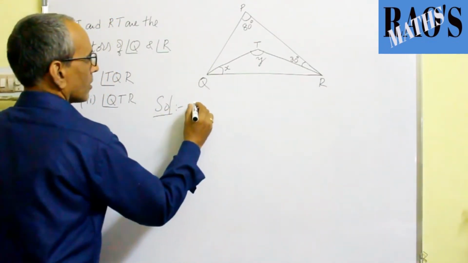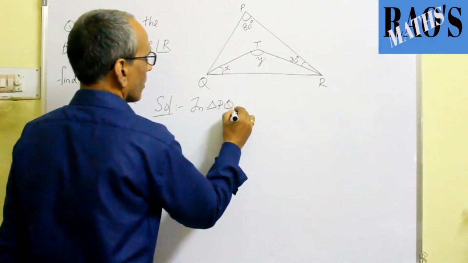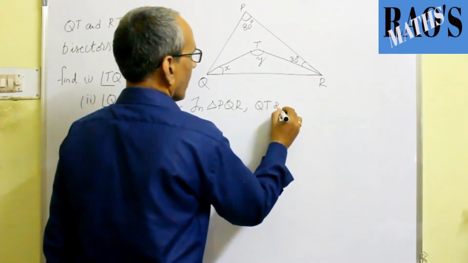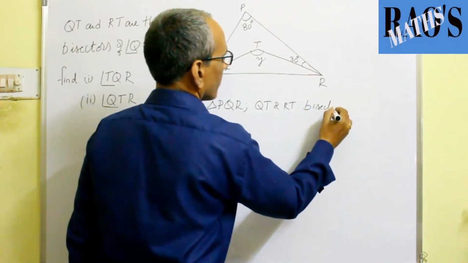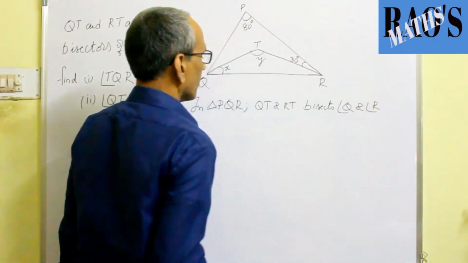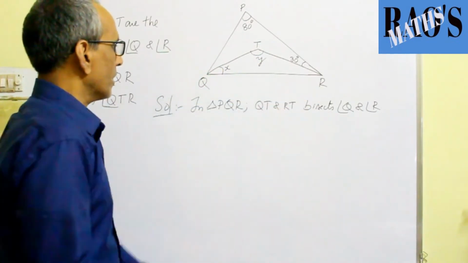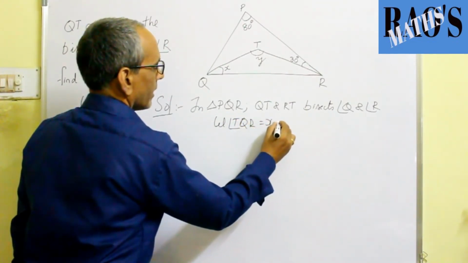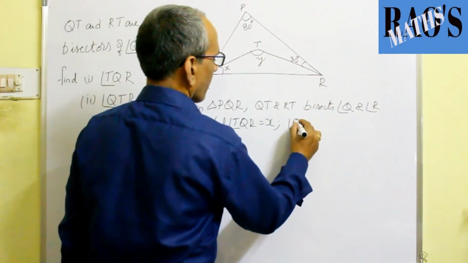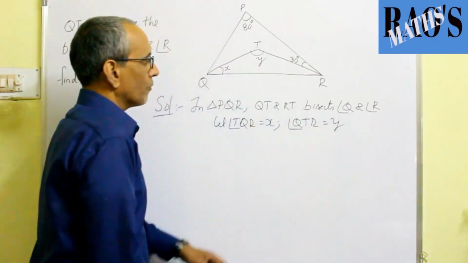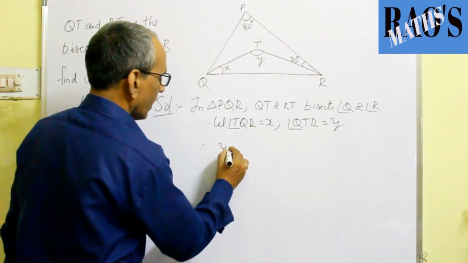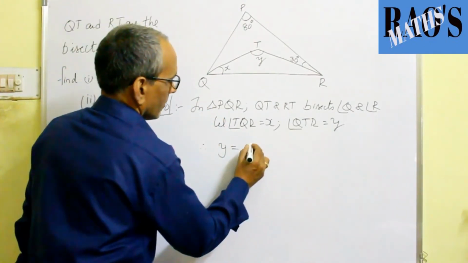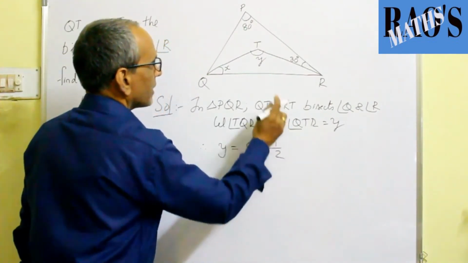Let us consider triangle PQR, where QT and RT bisect angle Q and angle R. Let TQR be X and QTR be Y. Therefore, we want Y. Since Y is found by the bisectors of the base angles of the triangle, it is always 90 degrees plus half the vertical angle, that is 80.